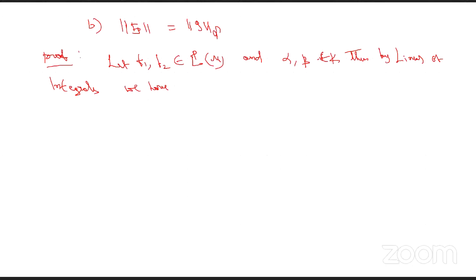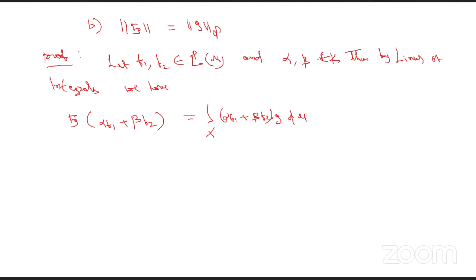f_g of alpha f1 plus beta f2 equal to integration over X of alpha f1 plus beta f2 times g d mu.